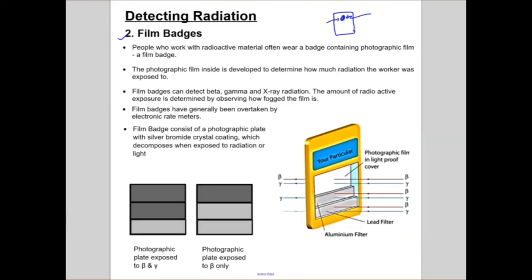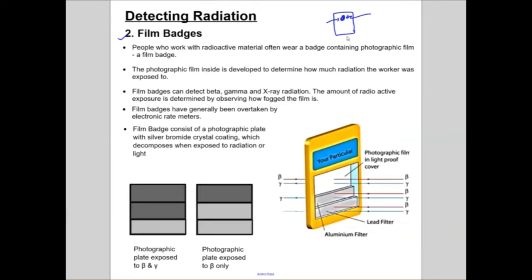this region would turn dark. These photographic plates are basically coated with silver bromide crystals. So on this photographic plate, you have a coating of silver bromide, and when they are exposed to some kind of radiation or light, they turn dark.